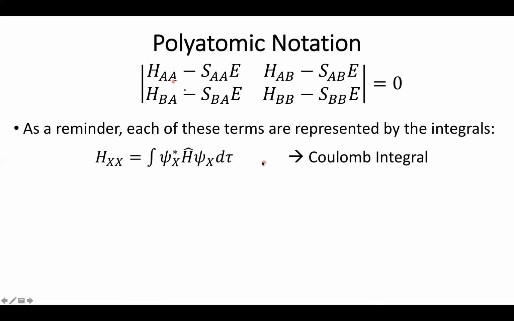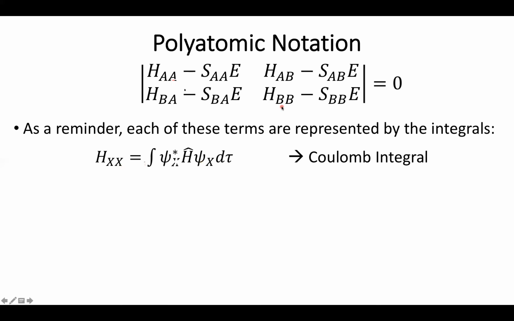Or in full integral form, I'm applying my Hamiltonian to wave function x, and then applying the complex conjugate. So again, a good way of thinking about this is the expectation value of the energy of orbital x. So this is the energy of orbital A. This is the energy of orbital B.